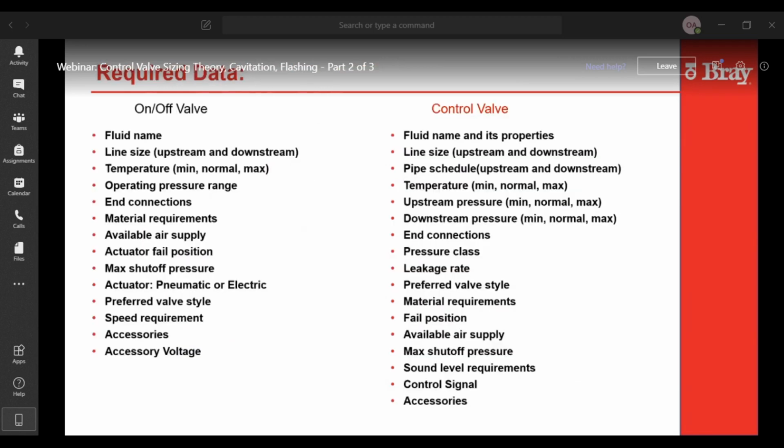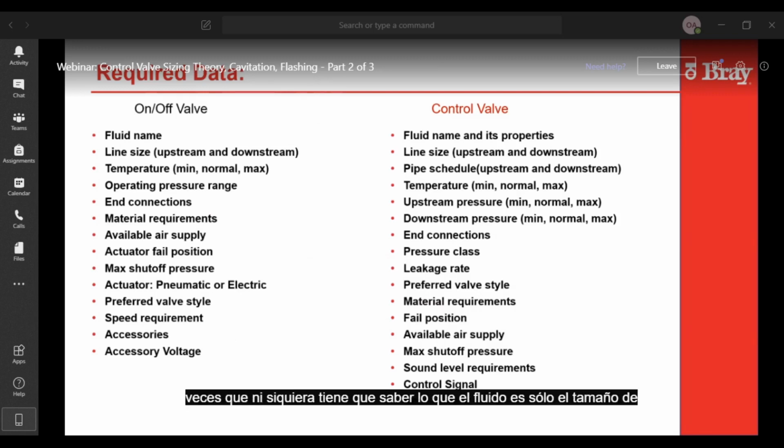So typically on an on-off valve, you just need to know what the fluid is. Sometimes you don't even have to know what the fluid is, just the line size and the temperature to make sure you've got the right trim that'll hold up to that temperature, and the operating pressure range, and what mating flanges or end connections you need, and the material requirements based on the corrosivity of the material going through the pipe.